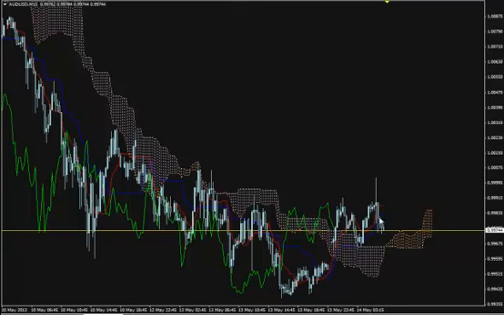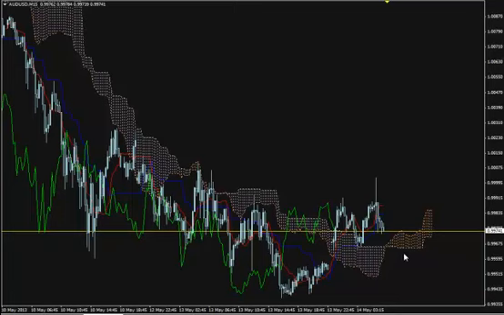So what are we waiting to see? We wait to see if the price goes below the Kumo again, and we have a bearish Kumo breakout in this direction.